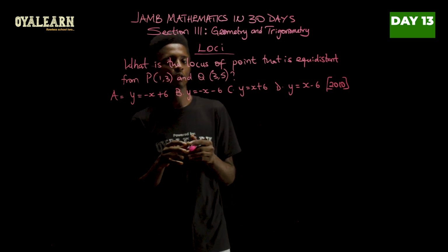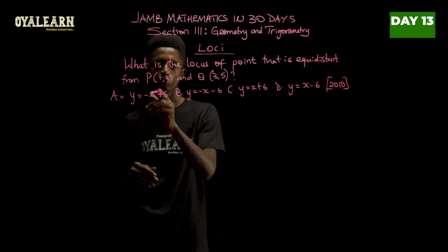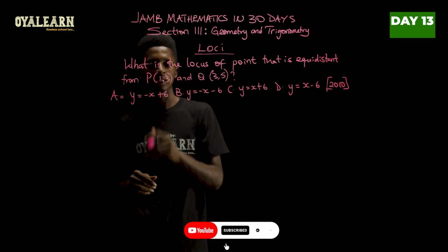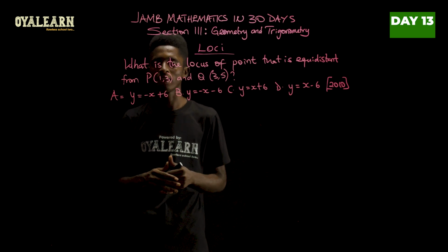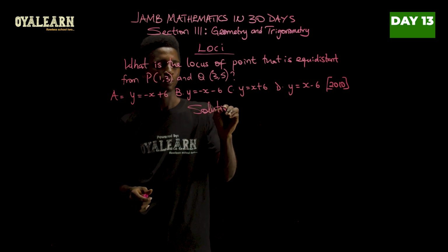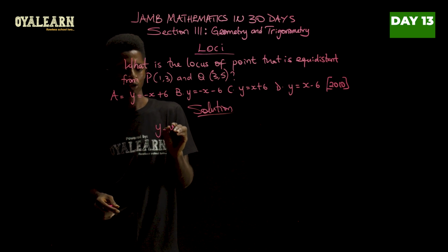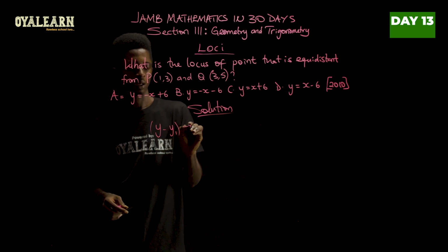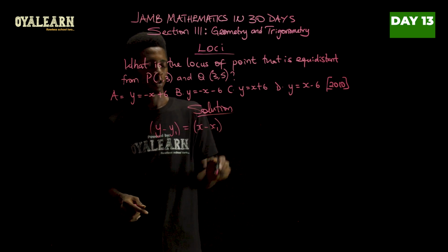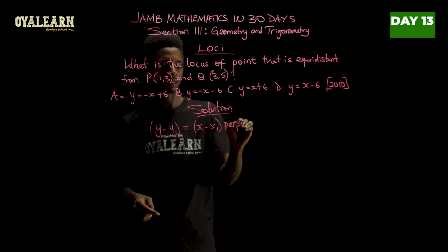In order to solve a question like this, where we have to find the locus of a point that is equidistant from 2 points P and Q with the said coordinates 1, 3 and 3, 5, here's an equation that helps. Now we'll have y minus y1 equals x minus x1 multiplied by the perpendicular bisector.